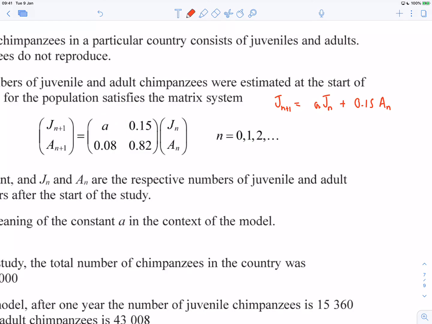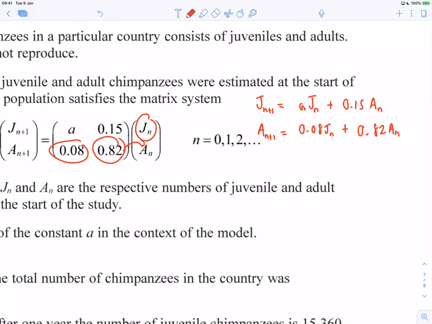And then for A(n+1), we're going to have 0.08 Jn + 0.82 An.